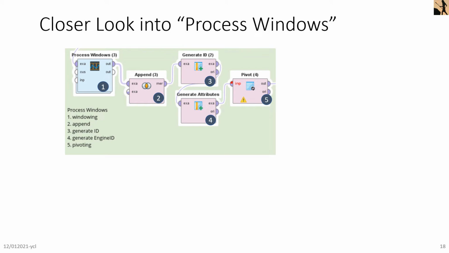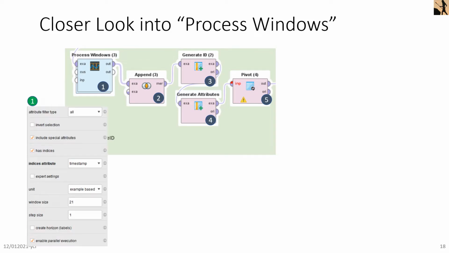Now let's take a closer look into the process window as needed for the third kind of derived attributes in the previous slide. As specified, it is to first break the whole test cycle into 7 seconds, that is 21 records, sub-windows.